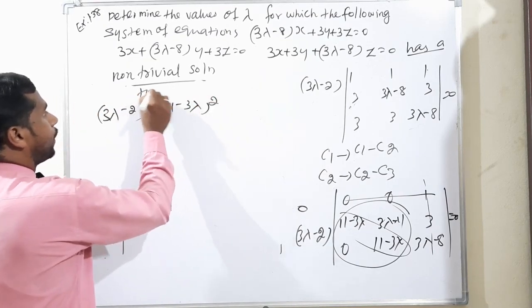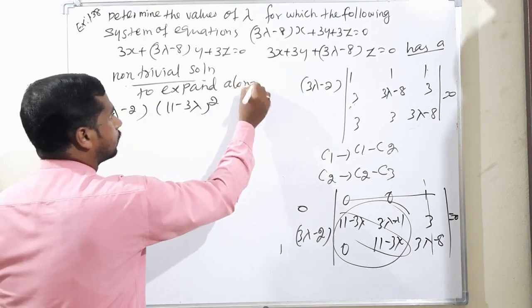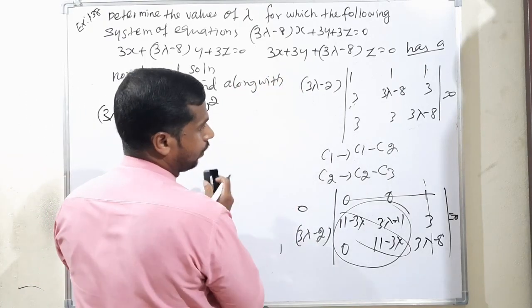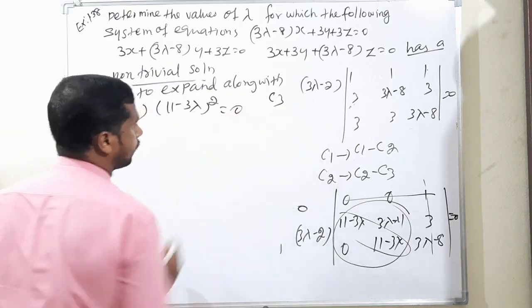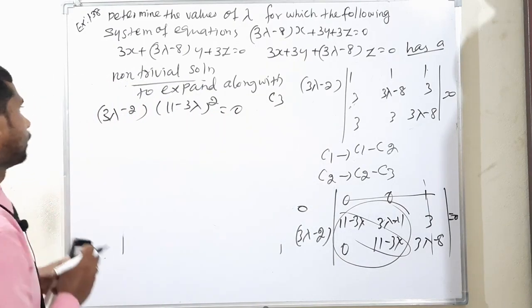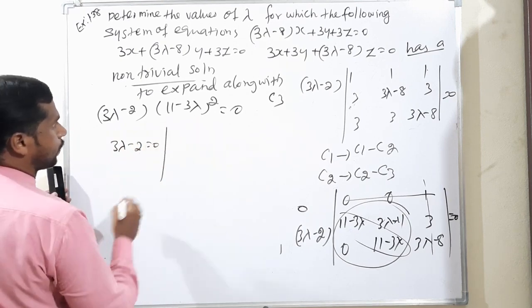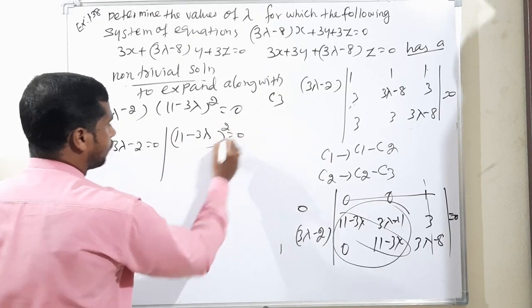Expanding along C3, this is equal to 0, because it has a non-trivial solution. Separately, 3 lambda minus 2 equals 0 is the first condition, and 11 minus 3 lambda the whole square equals 0.